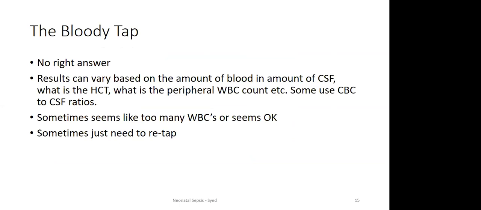It's sometimes a bit challenging to do LP in infants. It's actually not as difficult as doing LP in older children, but if the infant is very small, the area for LP is very small, so sometimes you miss and you get a traumatic LP.